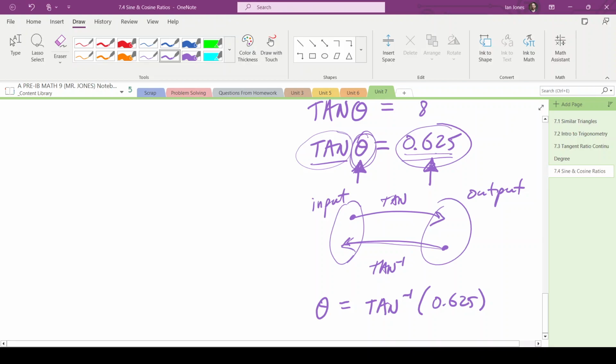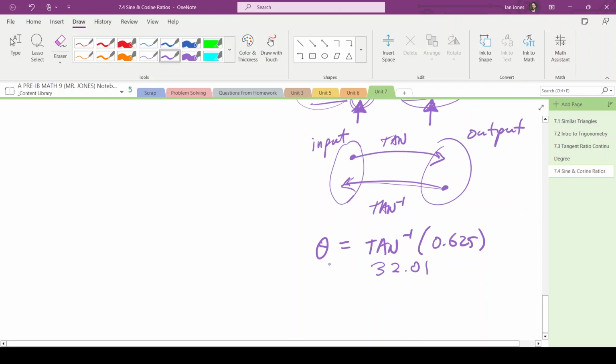Actually, that's not going to work, so I'll just use a calculator here. 0.625, trigonometry, second tangent inverse, and I get 32.01. Okay, so in that scenario, I've found that theta is 32.01 degrees.